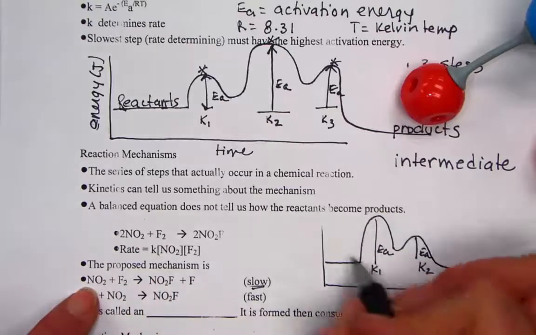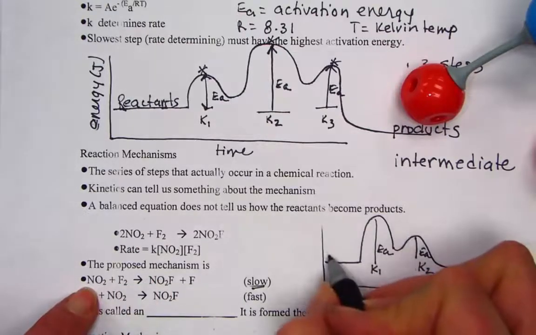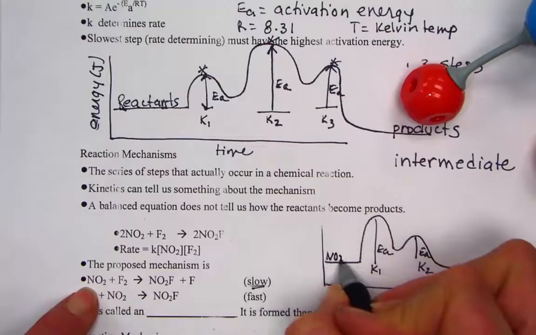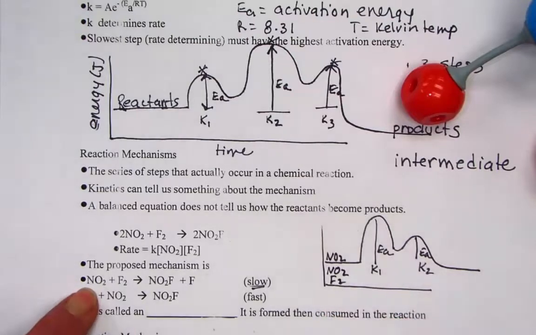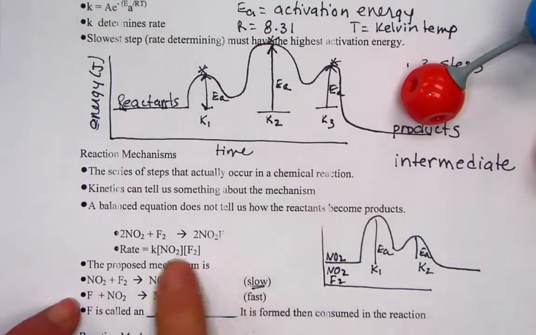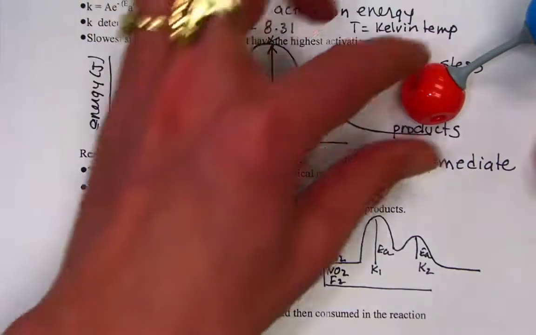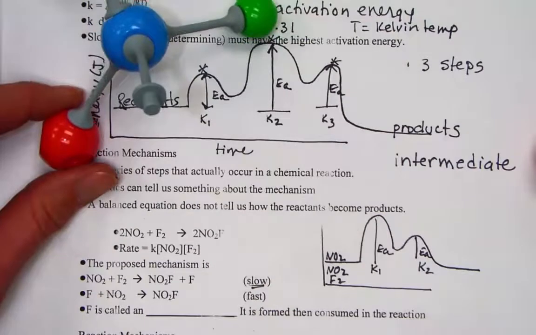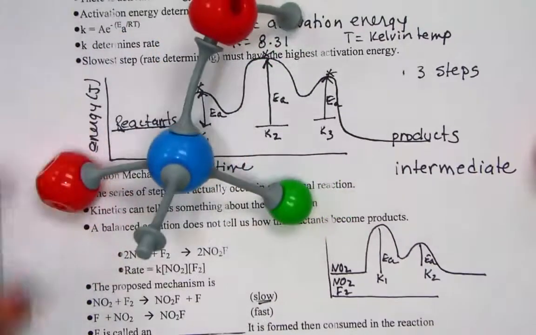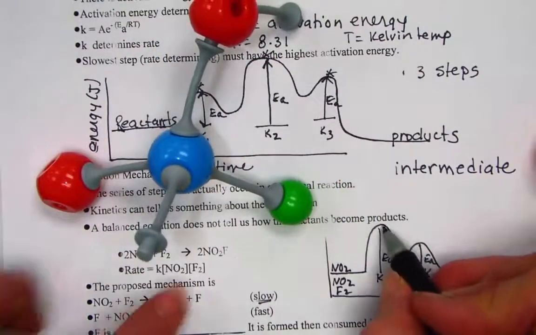Thinking about what we started with, the reactants, we had NO2, another molecule of NO2, and a molecule of F2. We decided the first collision, based upon the rate law, would be a collision of the molecule NO2 with a molecule of F2. And at the top of that barrier, we formed what was an intermediate.